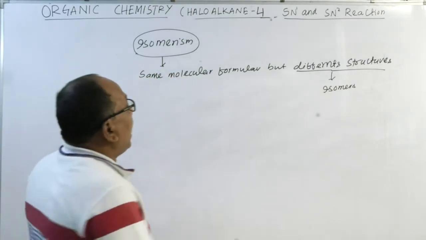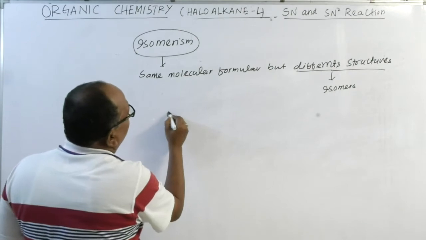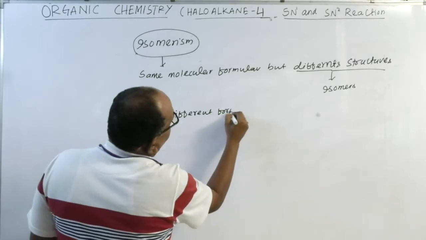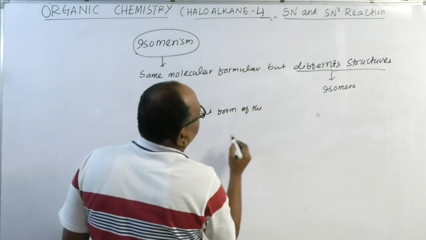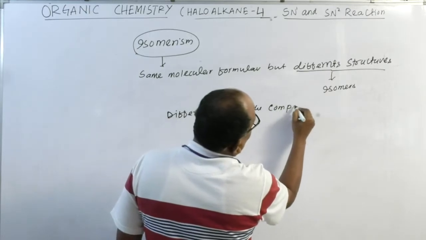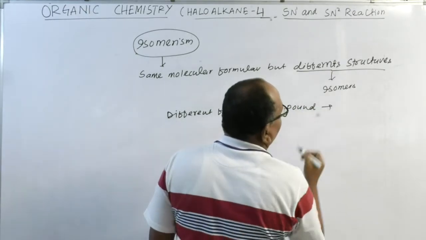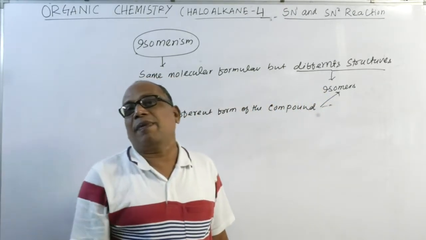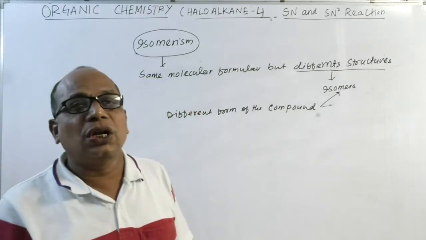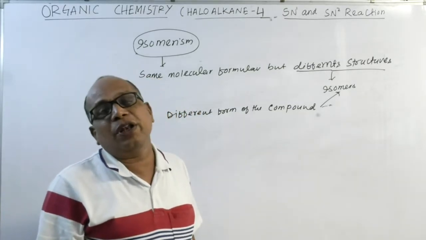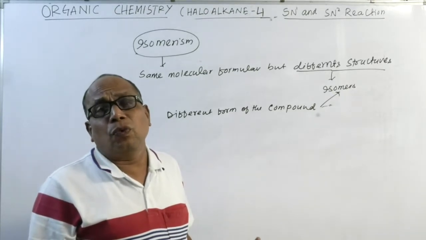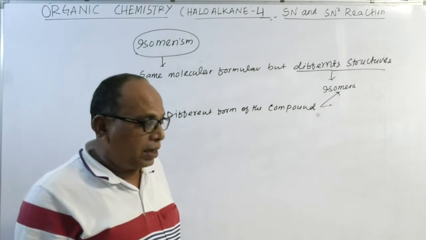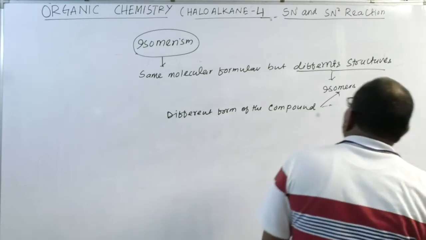Isomers are different forms of a compound. Means same molecular formula but different structures are known as isomers. A molecular formula with a minimum of one more structure is known as isomer. Okay. Next, what is an optical isomer?